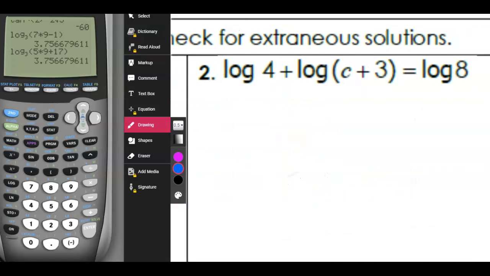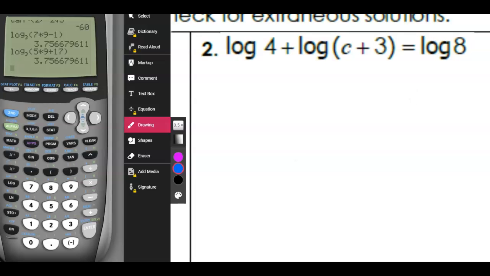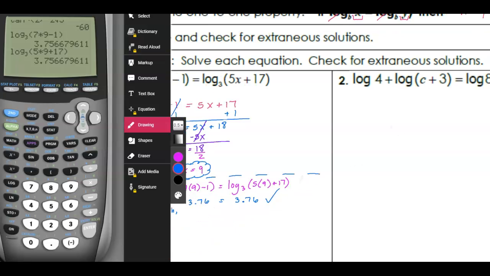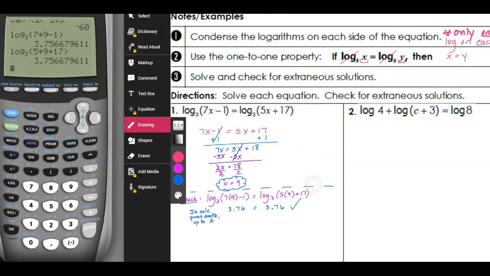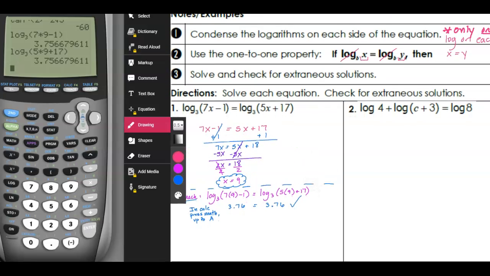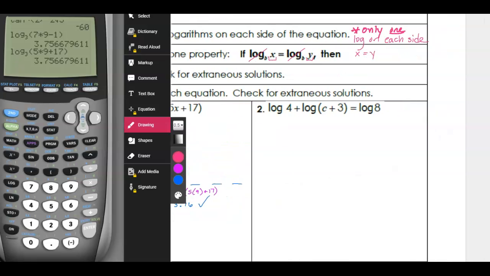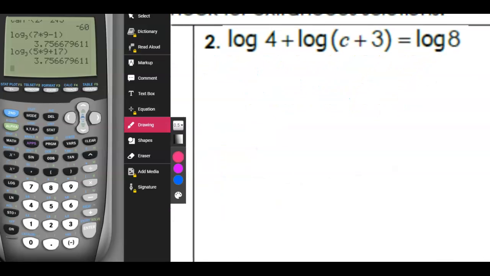Number 2. We have log of 4 plus log of c plus 3 equals log of 8. How is number 2 different from number 1? You have more logs. What did step 1 say to do? Yes. You need to condense on one side so that you have a single log on both sides. How can we condense log of 4 plus log of c plus 3?